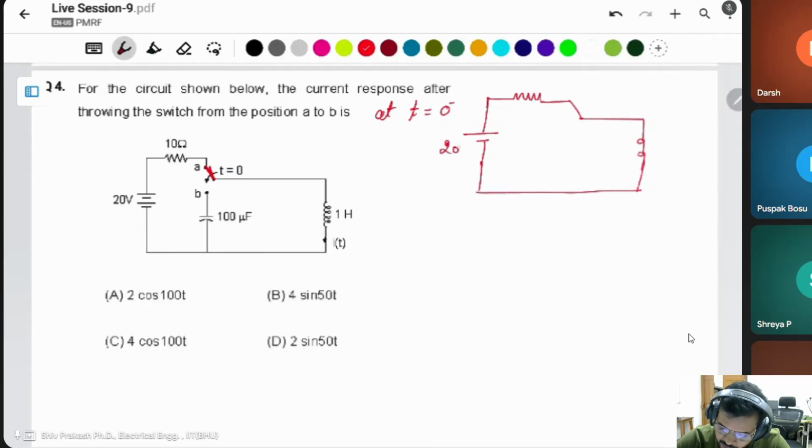This will be 20 volt, 10 ohm. IL at 0 minus, or you can say IL at 0 plus because of the inductor, is simply the voltage source divided by the 10 ohm resistor. This will be 2 ampere.